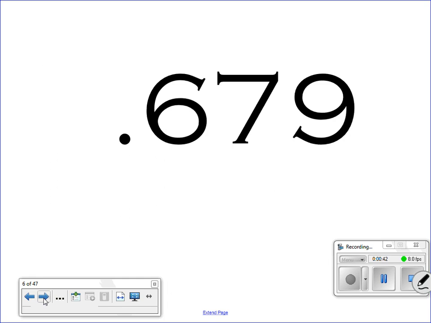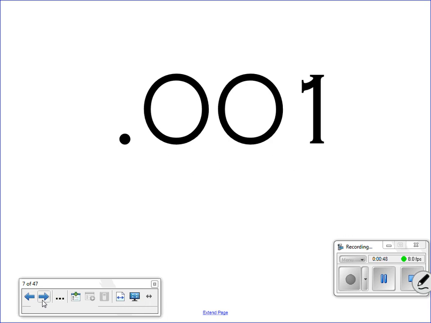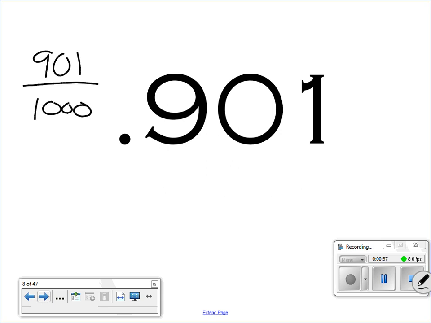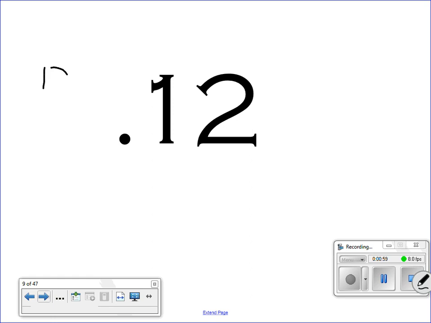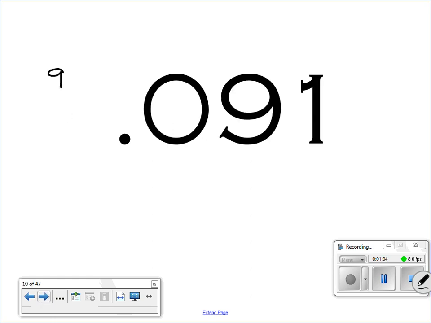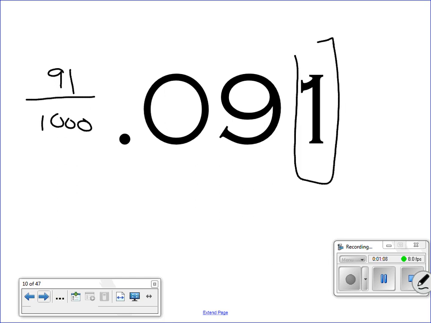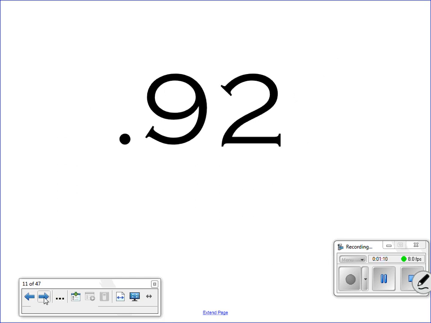And these are simple, kids. 679 thousandths. 1 thousandth. 901 thousandths. 12 hundredths. 91 thousandths. You have to keep in mind what place value the last number is in. 92 hundredths.